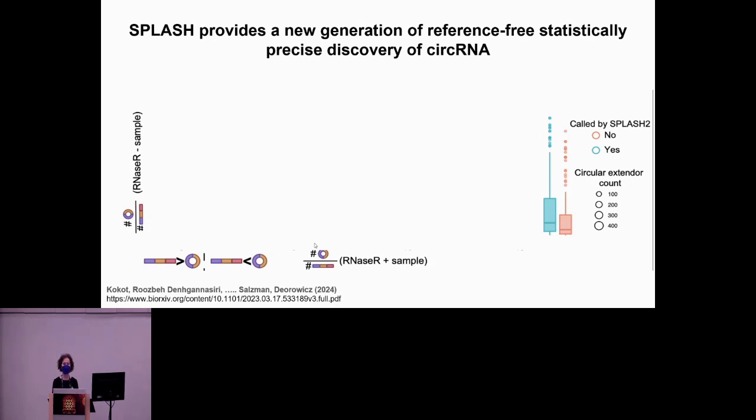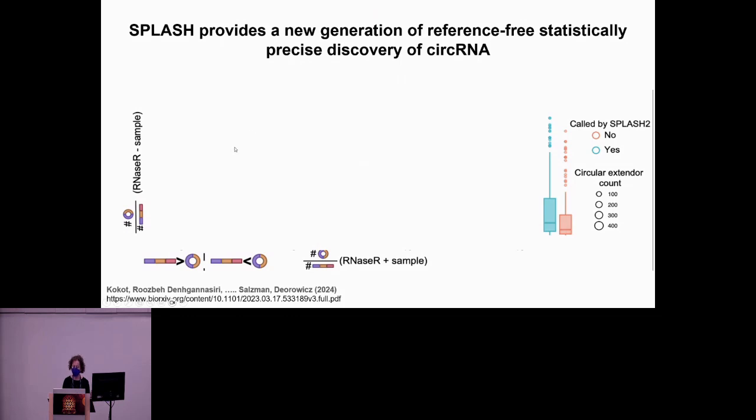So in the RNase R plus, you expect less linear RNA, more circular RNA. In the RNase R minus, you wouldn't expect anything a priori. What we find is that events called by SPLASH, they're enriched already in whether there's the circle to linear isoform of the circular RNA.